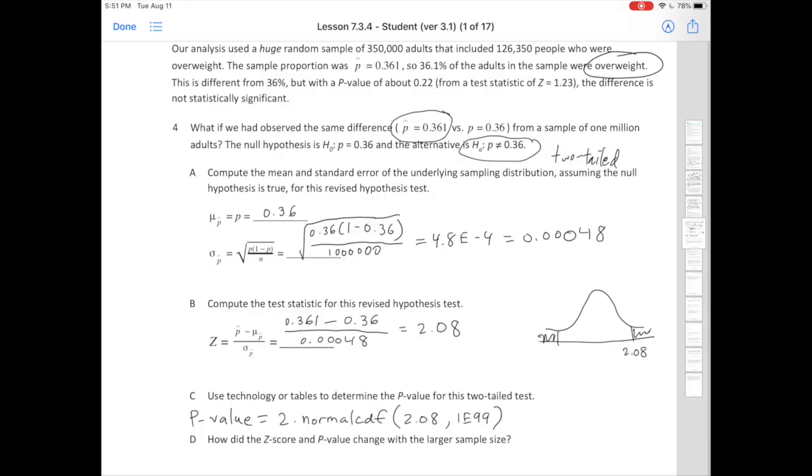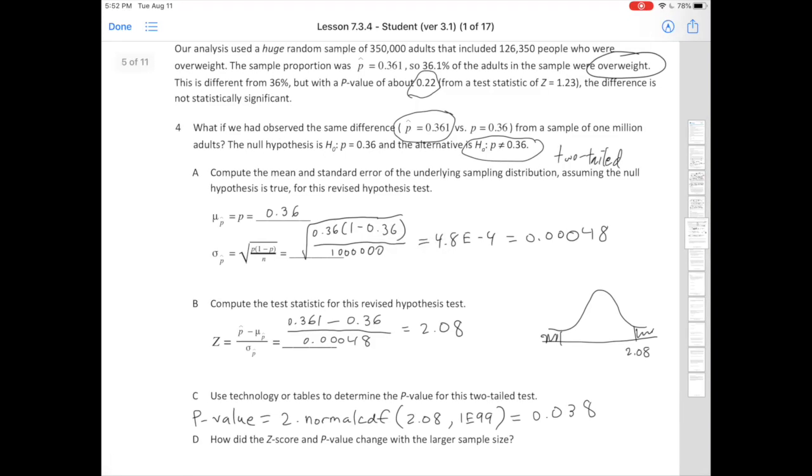So the calculator gave us 0.038. So what happened? You notice that because we changed the sample to 1 million, right? Huge sample size. It made our p-value smaller, didn't it? Notice it was 0.22 before, but now it's 0.038.